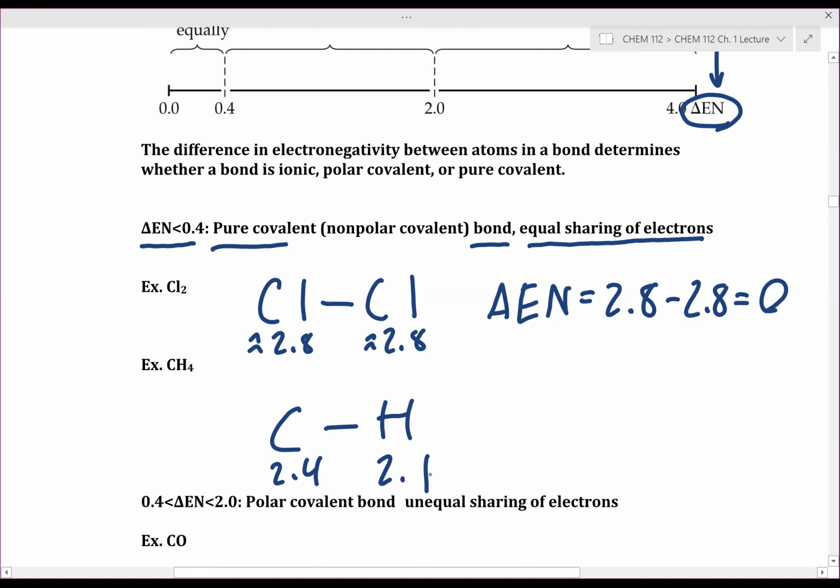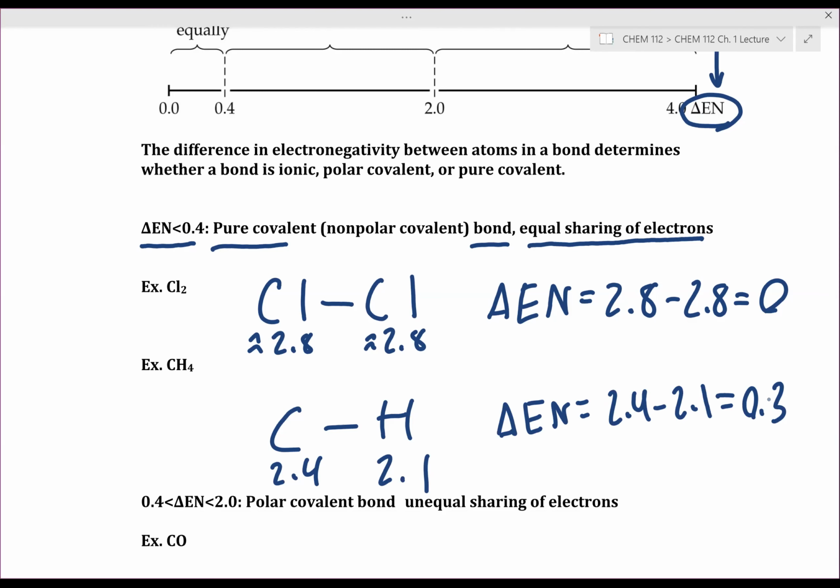So our C-H bond, our difference in electronegativity is 2.4 minus 2.1, which is 0.3. So this is less than 0.4. So we can consider C-H bonds to be functionally non-polar. There's a relatively even sharing of electron density in this carbon-hydrogen bond.